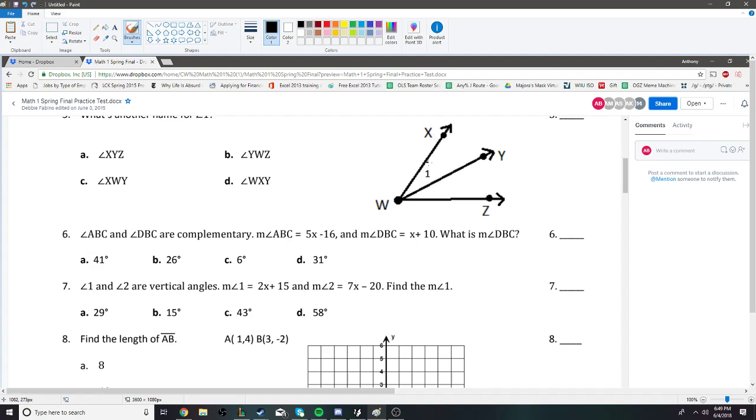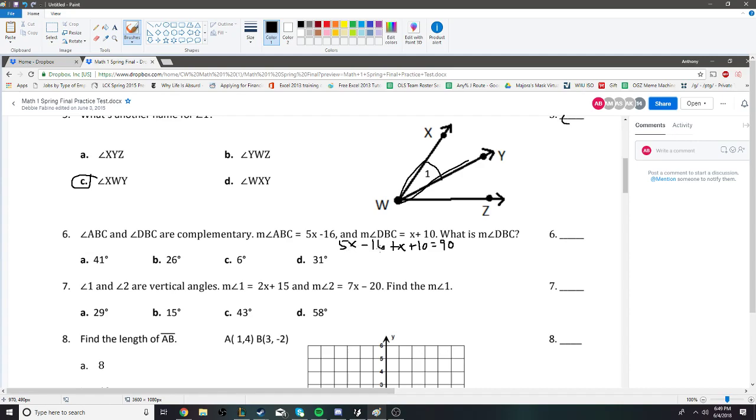So angle 1 is this angle right here, and that connects x with w with y. So xwy, C. Complementary means they add to 90. So this is 5x minus 16 plus x plus 10 equals 90.